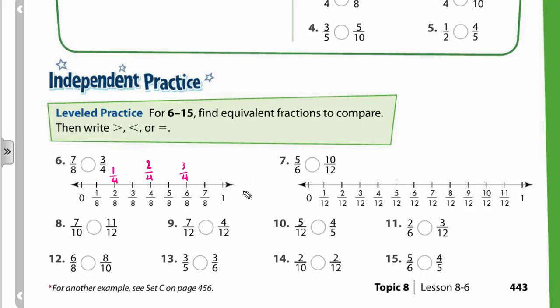Use this number line. Use the number line, my hero. As you can see here, this is 7/8 and this is 3/4. Using the number line, which one is greater? 7/8. Okay, can you explain why?